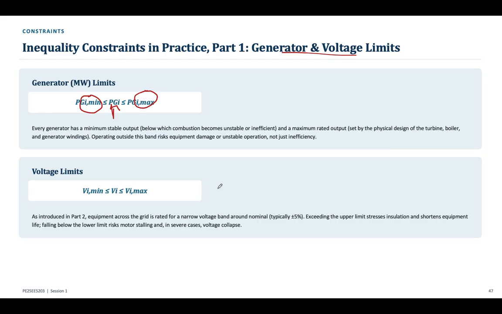So this Vi minimum might be like 210 volts, lesser than or equal to 220, what we optimally put, which is lesser than or equal to the maximum limit, 230. So this is for the voltage constraint.